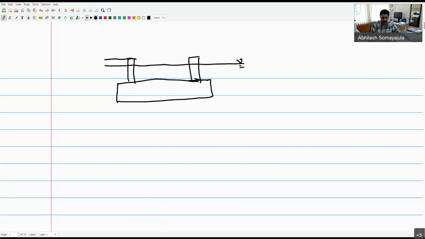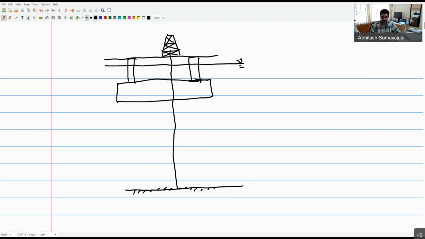Now on top of this, there will be a top side which will be installed, on which you have, let's say, the drilling rig, from where you are lowering a drill string onto the seabed. In most cases, this is not a drilling rig, it's a production platform, so these are mostly risers. And then you'll have mooring lines connecting to the hull and mooring it down. These would be something like steel catenary risers.